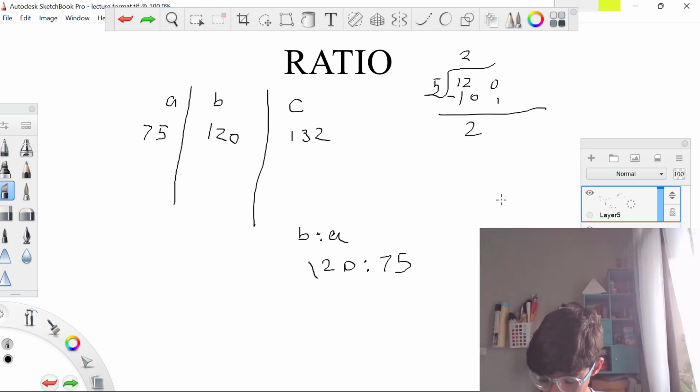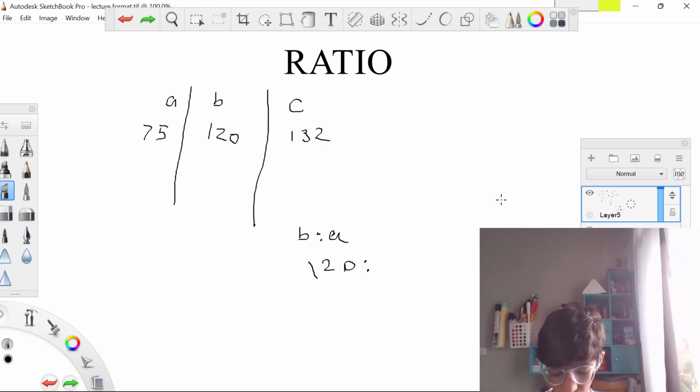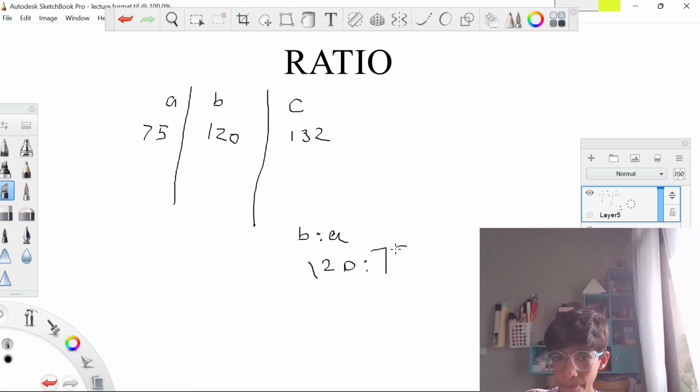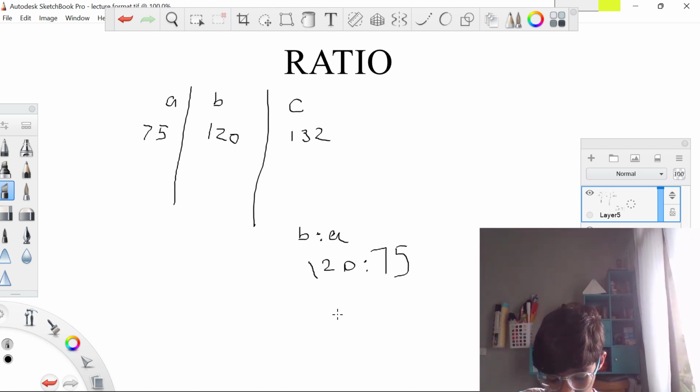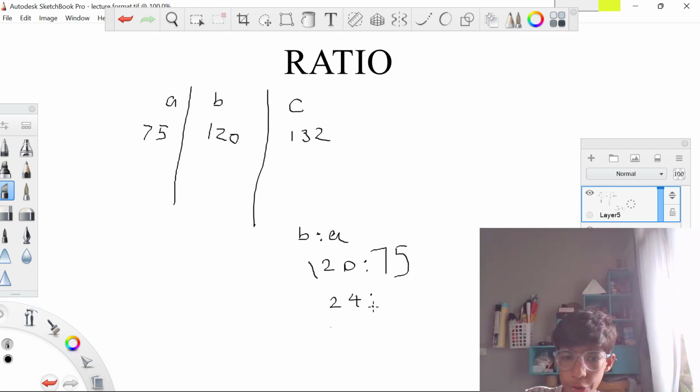So it would be 24. And then we'll write 24 here, 24 ratio.